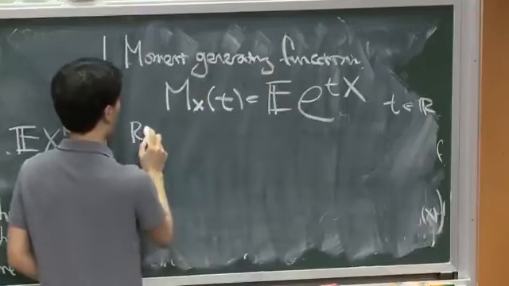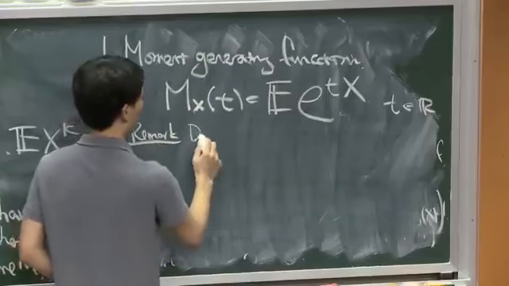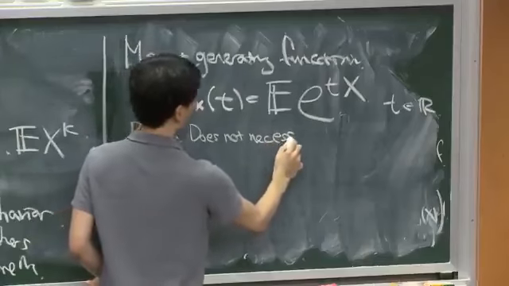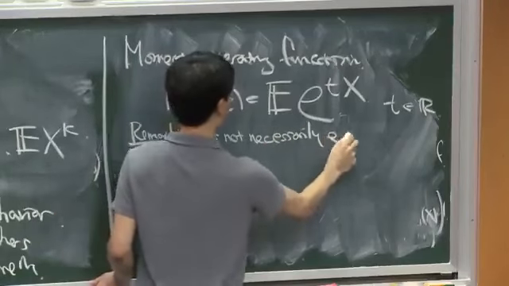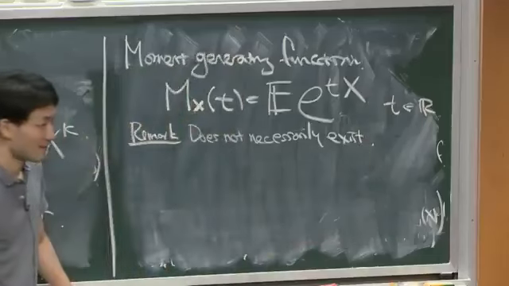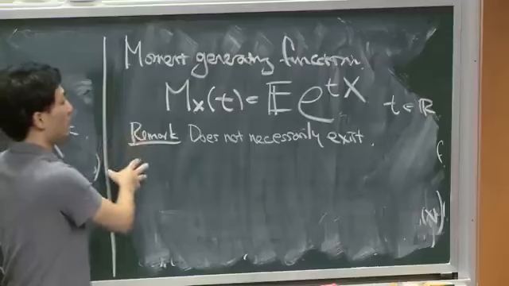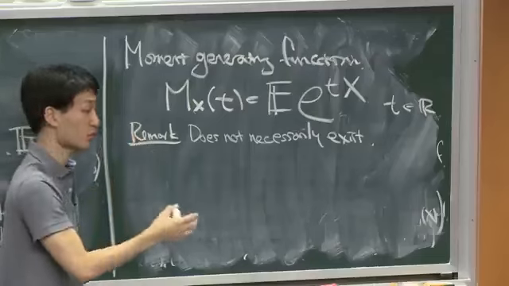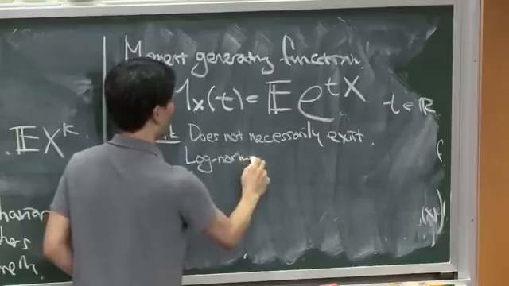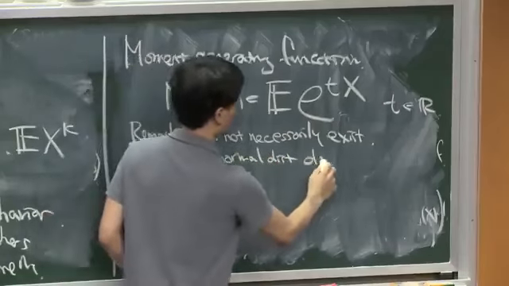So, remark: it does not necessarily exist. For example, one of the distributions you already saw, the log normal distribution, does not have any moment generating function.